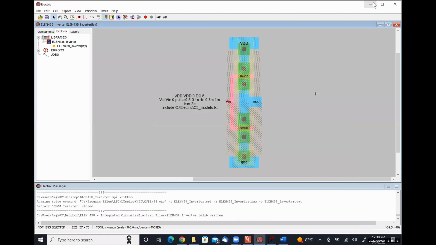So in this circuit, starting from the highest potential, which is at the top, down to the lowest potential, we have a voltage supply rail. We have our body connection for our PMOS transistor. Here we have our PMOS transistor, a metal run.